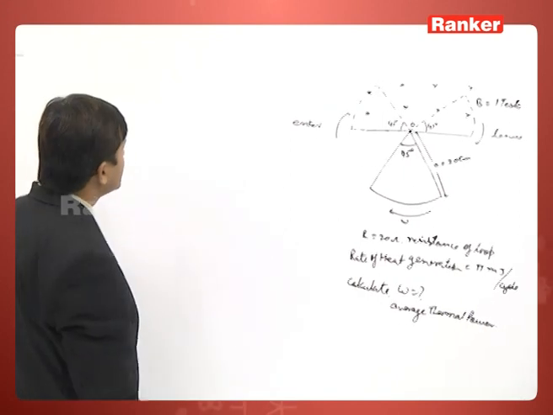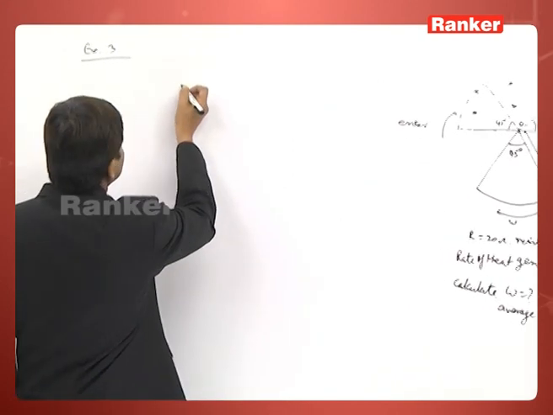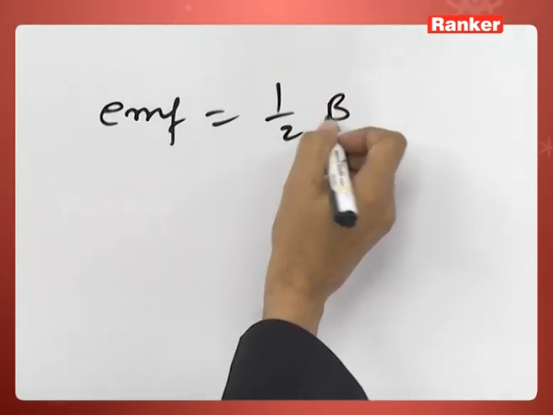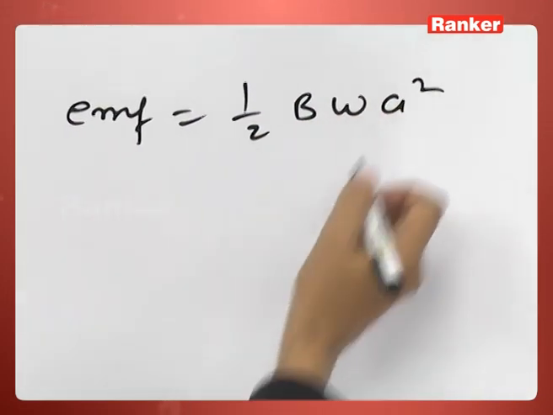So how do we calculate the heat? First of all, the EMF. EMF is given as half B omega A square.